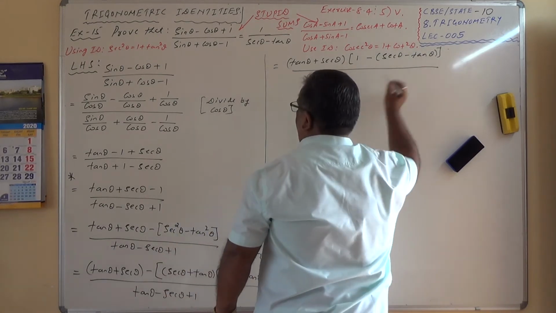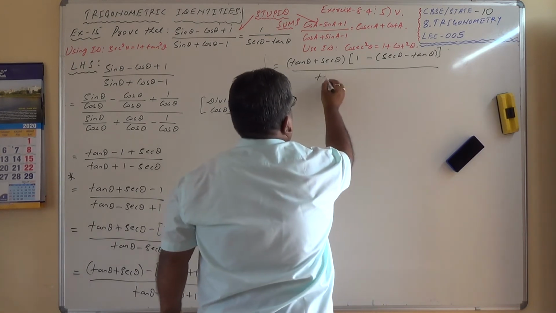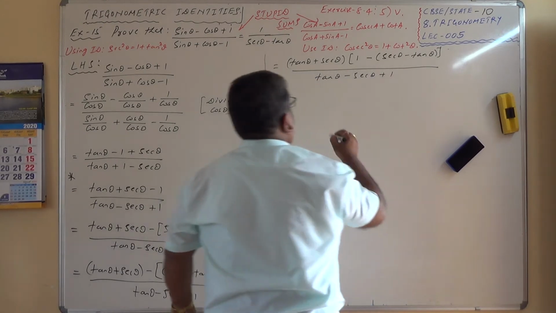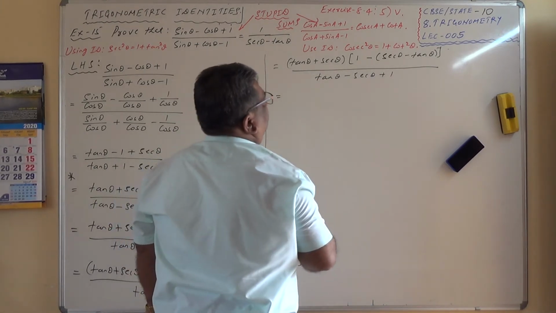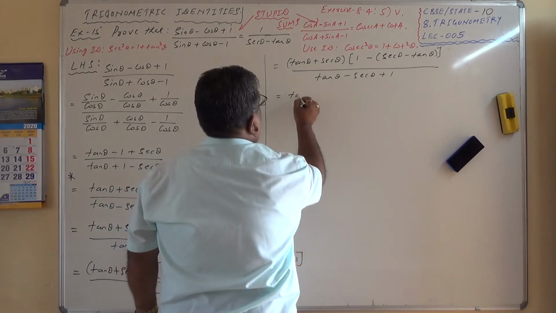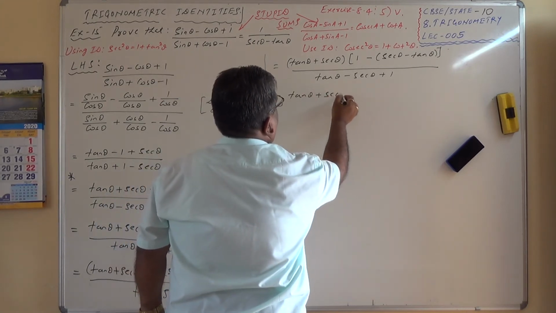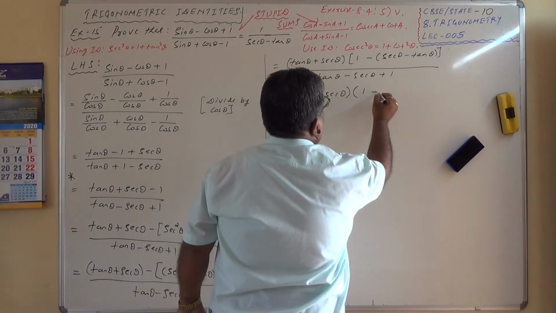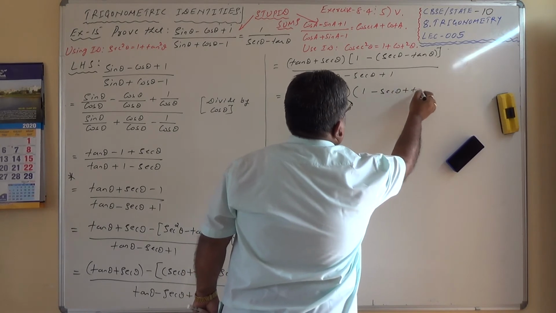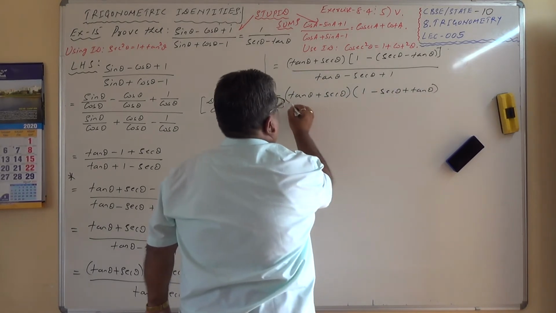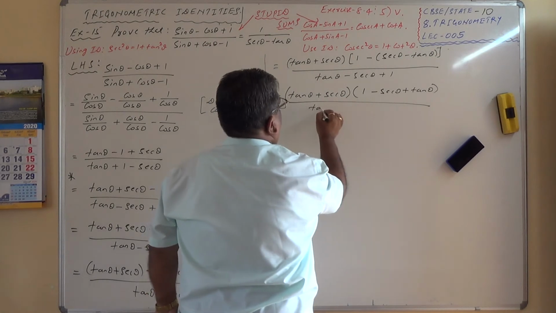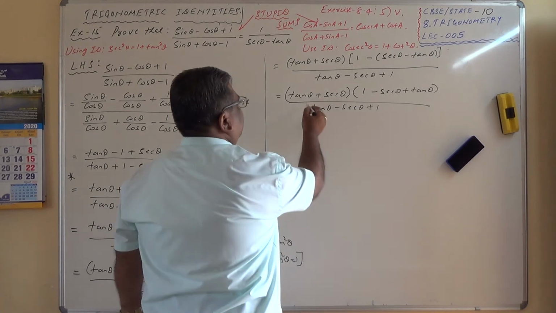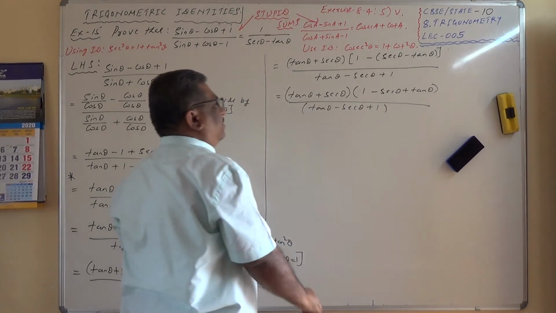The whole divided by, as it is, tan theta minus sec theta plus 1. It is correct. Which equals, now, tan theta plus sec theta into bracket 1 minus sec theta plus tan theta, the whole divided by tan theta minus sec theta plus 1. This also you can put into bracket or leave it as it is, no problem.